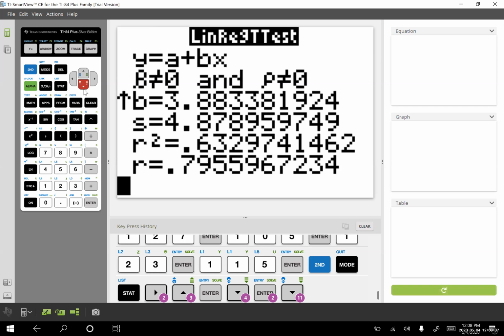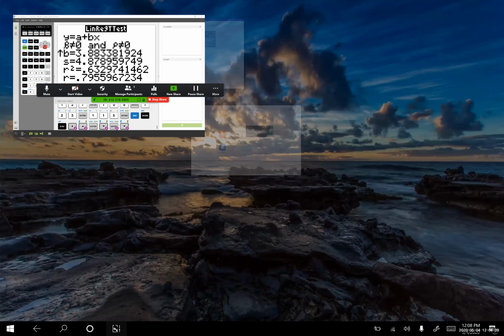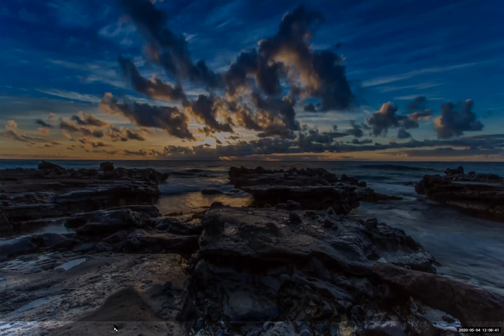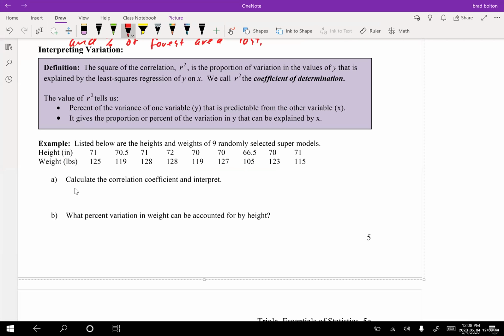So let's plug those into our values here. So Linear Regression T-Test gave us R equals 0.796. Okay, so we're feeling like this is a pretty strong relationship.